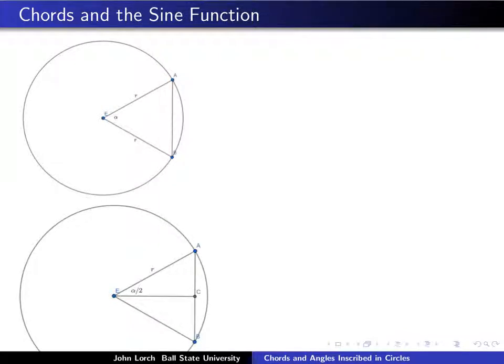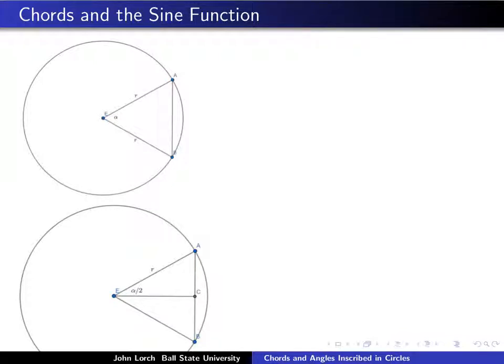Now let's talk a little bit about chords in circles. The very earliest investigations of trigonometry didn't involve the sine and cosine functions as we know them today. Instead, they involved measuring chords in circles of some given radius.